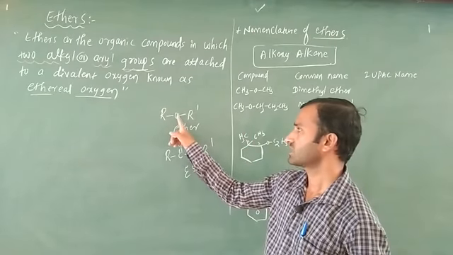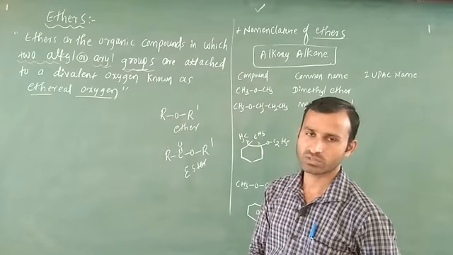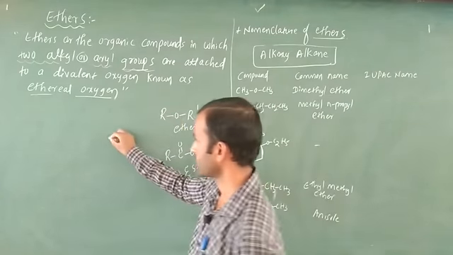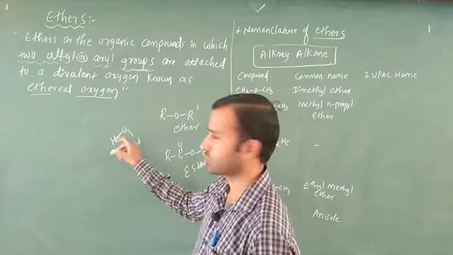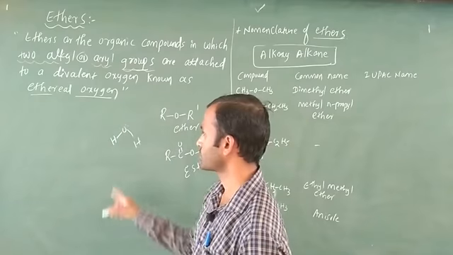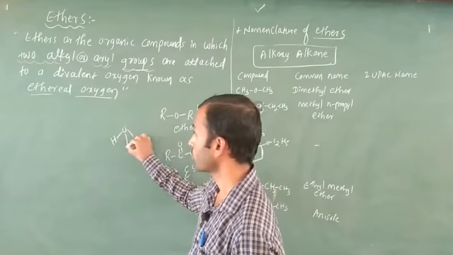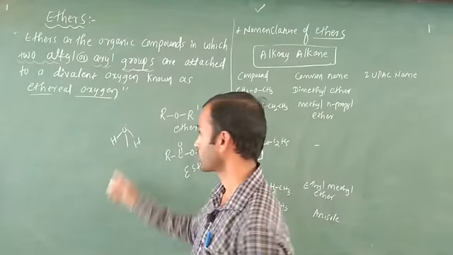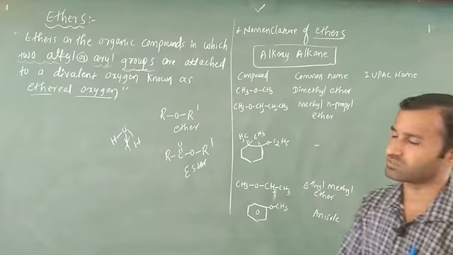Oxygen here is divalent. For example, in H2O the lone pairs are present on the oxygen, with one bond here and one bond here, so it is divalent. If one more bond were there it would be trivalent, but a third bond is not possible in oxygen because of its outermost valence electrons.